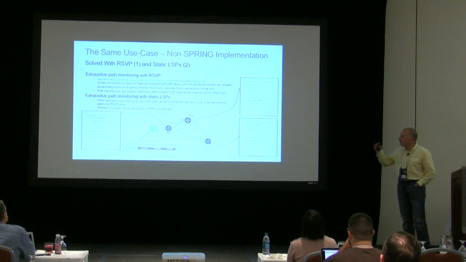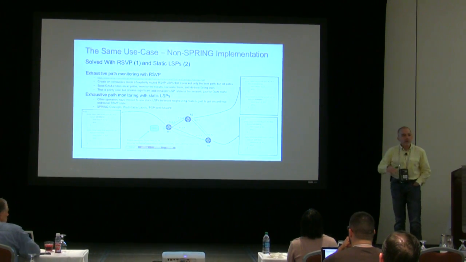So they assign these predictable label values and allow a path monitoring server to actually inject packets with appropriate label stacks that follow these values. So basically, my point is that they took the same idea of predictable label values. They used static LSPs, and they kind of achieved the same goal.